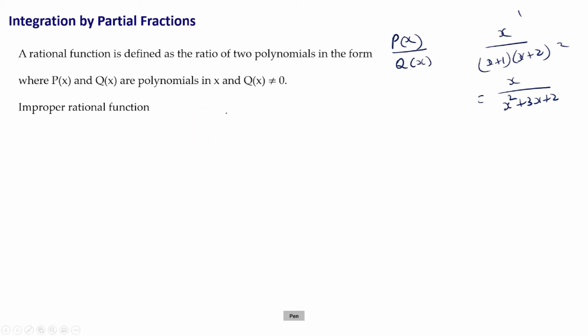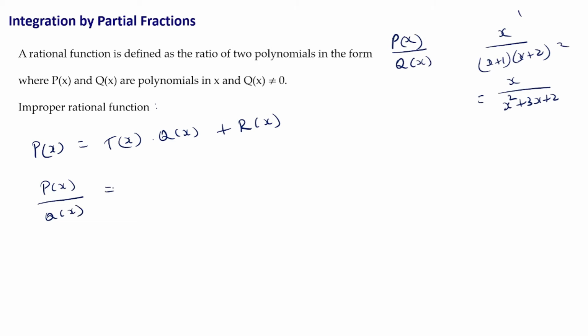So if we use long division, where we divide p of x by the denominator q of x, then we will have p of x equal to t of x into q of x plus r of x, where t of x is the quotient and r of x is the remainder. Now if we divide p of x upon q of x, then q of x will cancel.